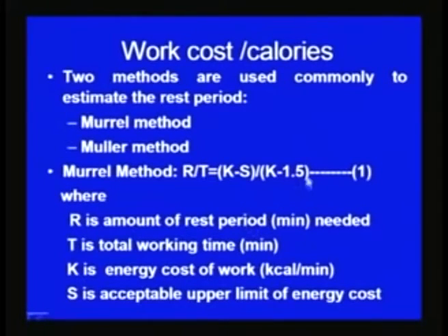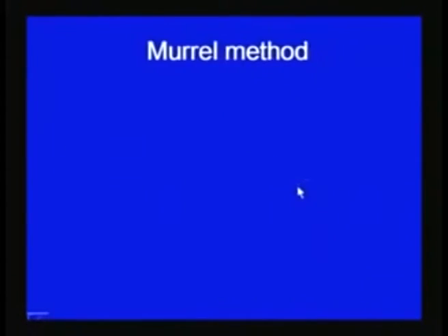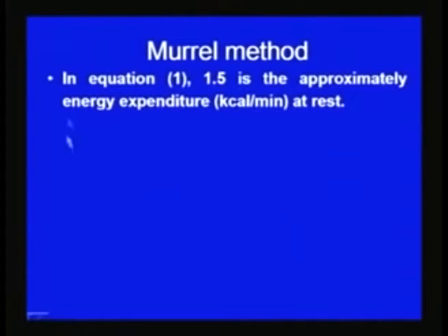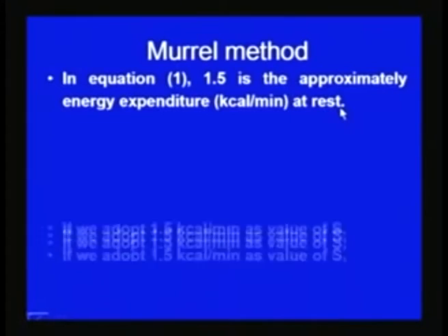In this equation, the 1.5 refers to the basal metabolism rate, which is the energy required for carrying out the internal activities of the human body. So, in this equation which you have seen earlier, the 1.5 is the approximate amount of energy which is consumed by the worker during the rest.